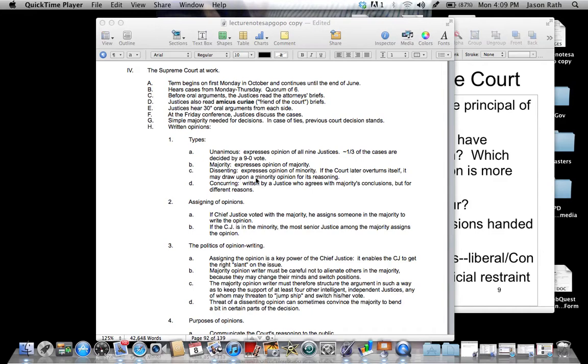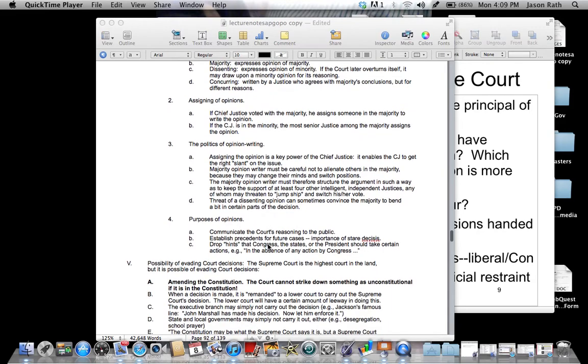Dissenting expresses the opinion of the minority. If the court later overturns itself, it may draw upon a minority opinion for its reasoning. And then concurring, written by a justice who agrees with the majority's conclusion, but for different reasons than the ones stated by the person who assigns opinions.